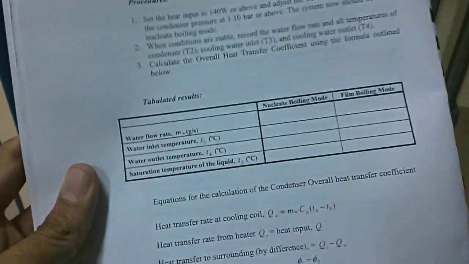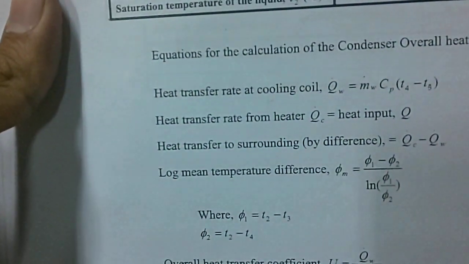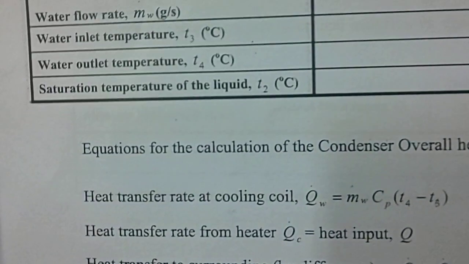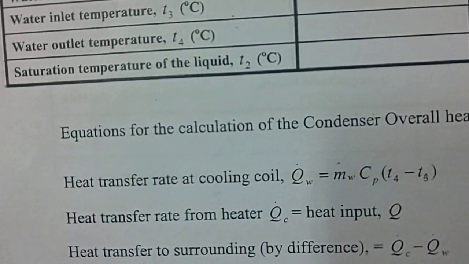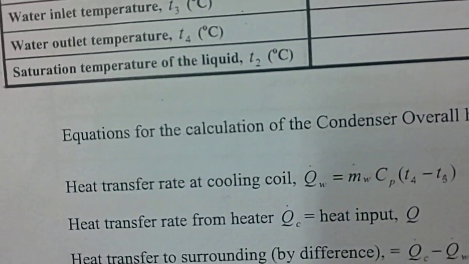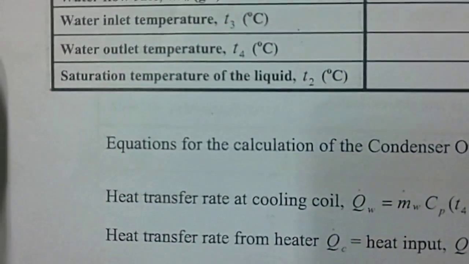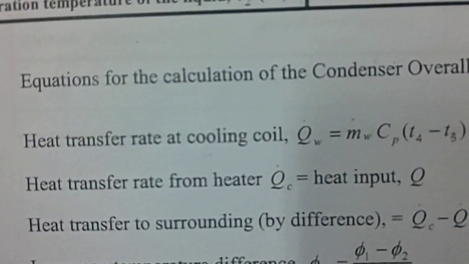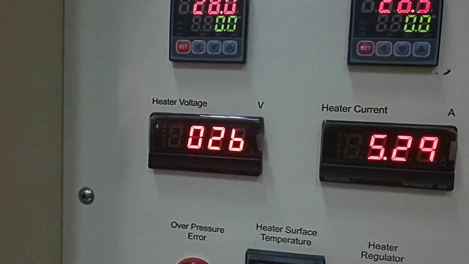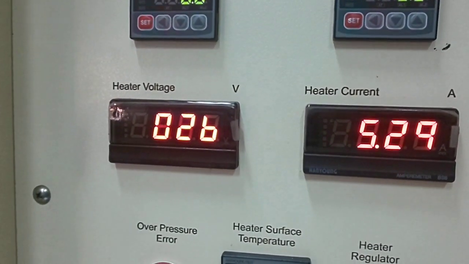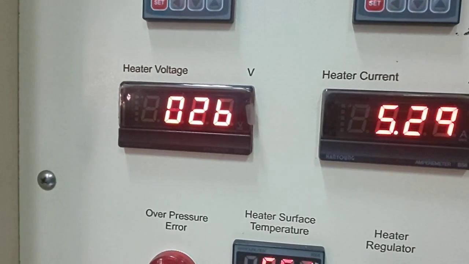Now we are going to calculate the heat transfer rate. The heat transfer rate at the cooling coil is calculated using QW = MW Cp (T4 - T2). Using this, we will find the heat transfer rate of the coil, okay. After that, the heat input will be calculated by using these two parameters that I have set here already, heater voltage and heater current.